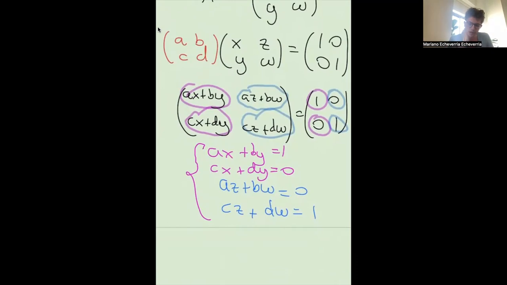But can anyone see why I wrote these 2 first and then these 2 second? What's happening here? I don't know if you can see something fun that happened.